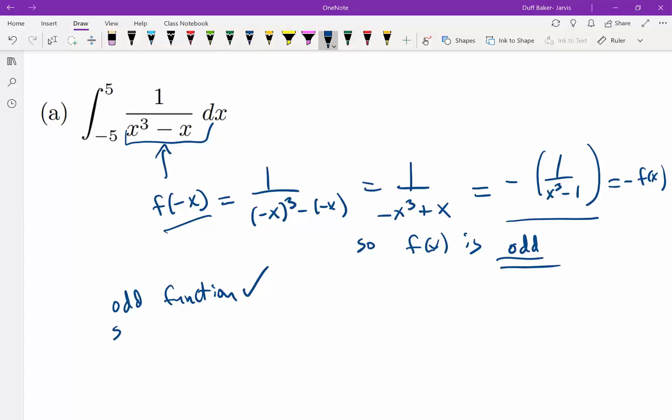Okay, so then I have an odd function. Do I have a symmetric interval? I do. Minus 5 to 5 is symmetric. And so with this thing, I don't have to do any calculations now. I know it's just 0 by our theorem, because the area on one side will cancel out the area on the other side.